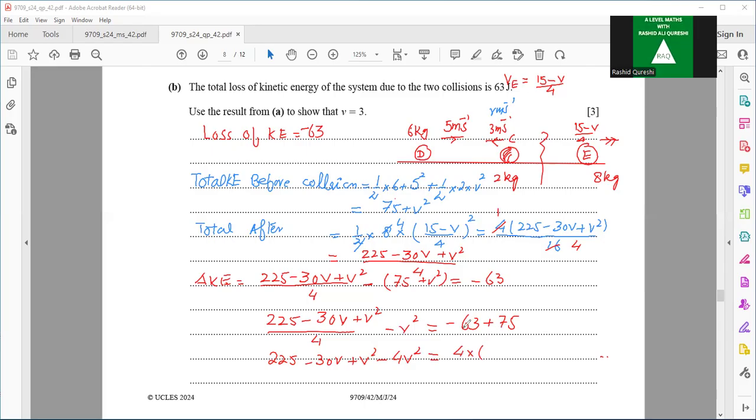That becomes minus 63 plus 75. 5 minus 3 becomes 2, and 7 minus 6 becomes 1. So when we are solving this question, the previous data is, if I'm not wrong, 1 by 2, 6 times minus 3, it becomes 75.